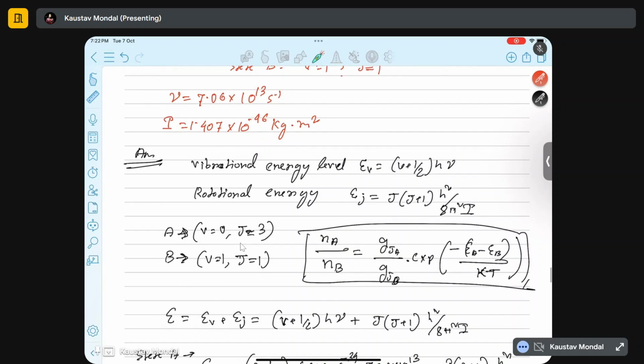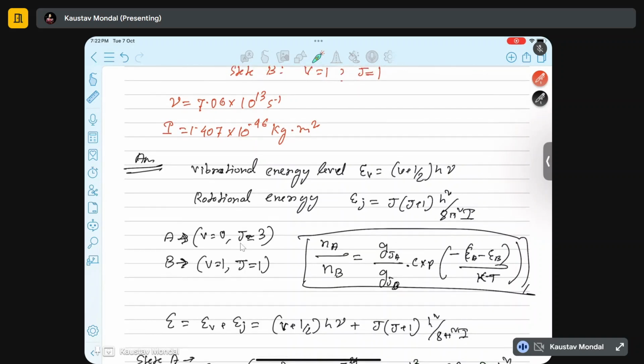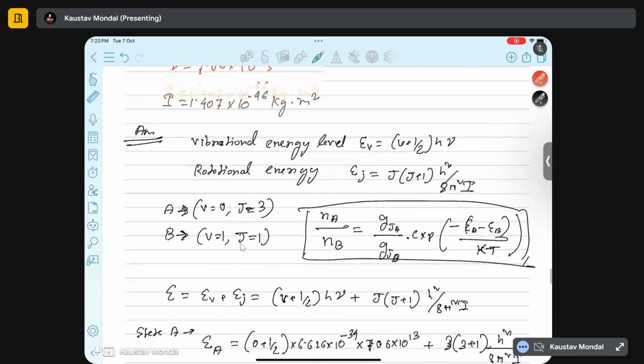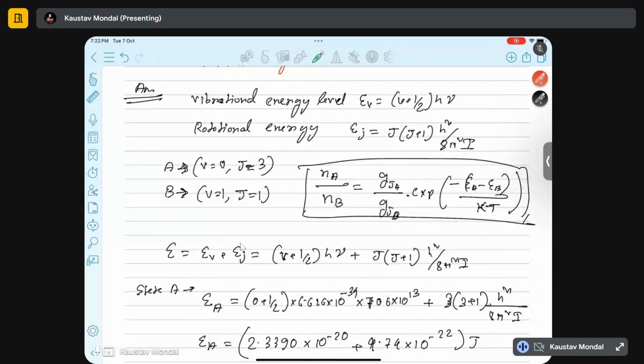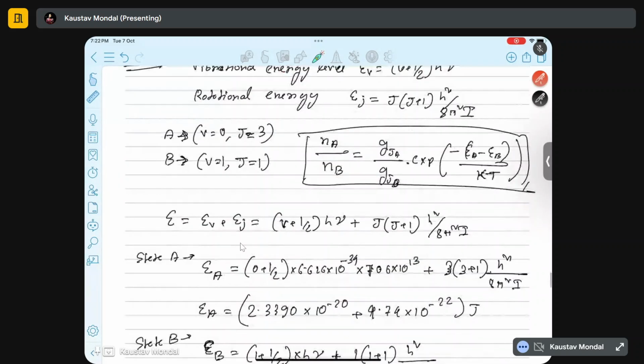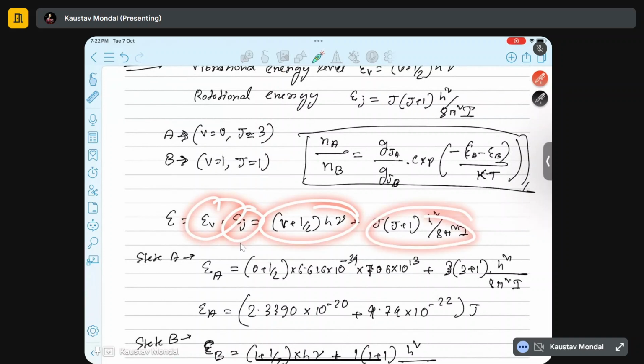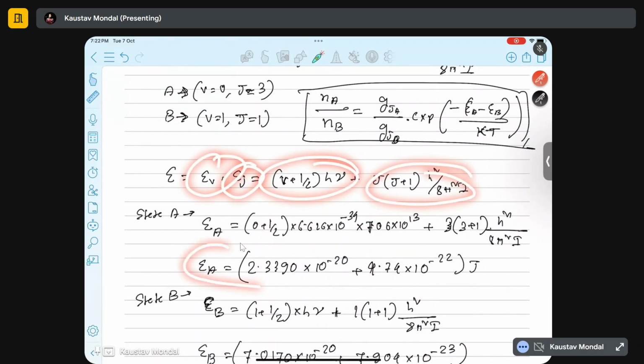So for the energy state A, that is the vibrational state V equal to 0 and the rotational state J equal to 3, first we calculated the vibrational and rotational energy using their expressions, and the energy at state A is given by this.